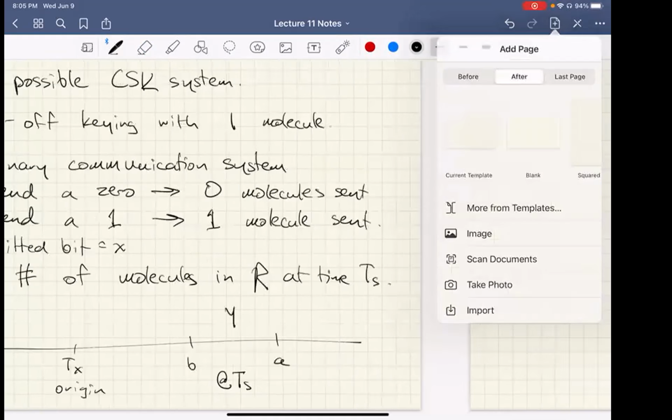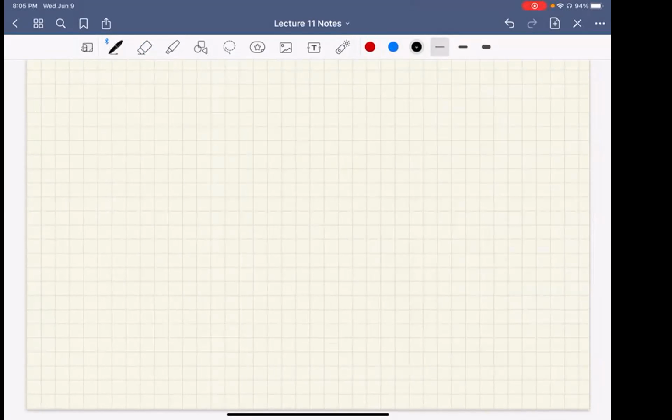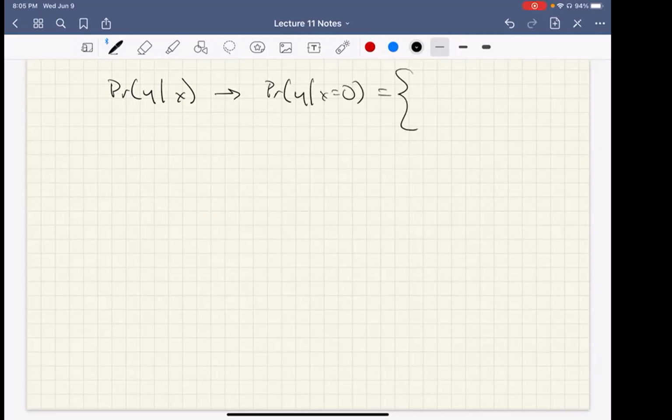As in all communication systems, we need the probability of the outputs given the inputs. The input can be one of two things. So what's the probability of Y given that the input is 0? There's only one molecule in the universe in this example.